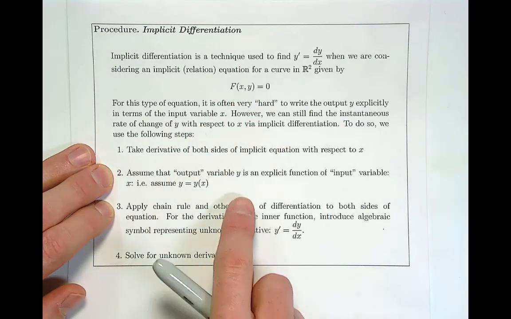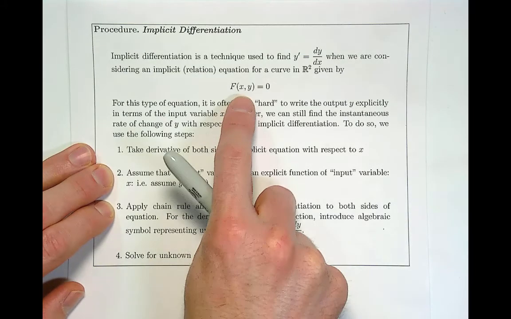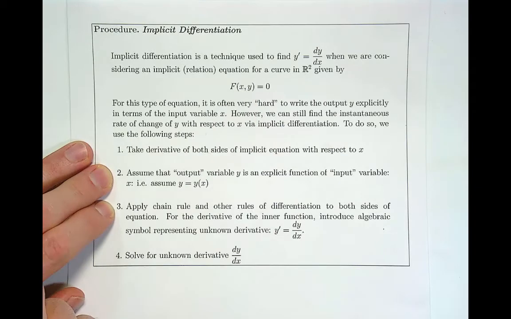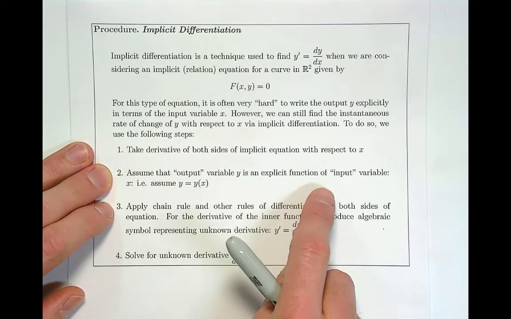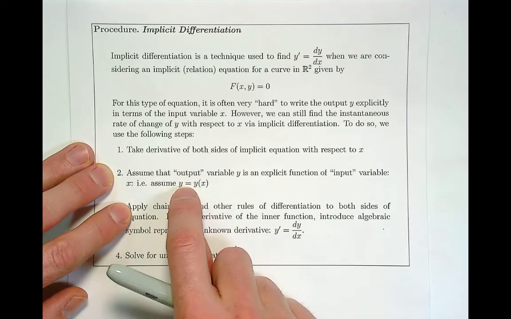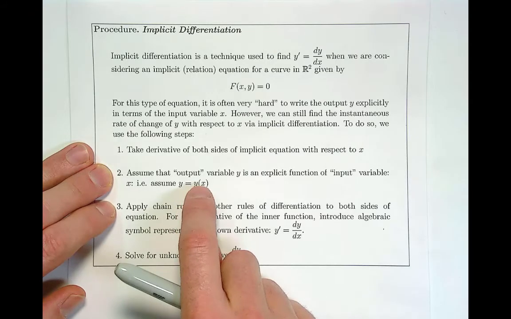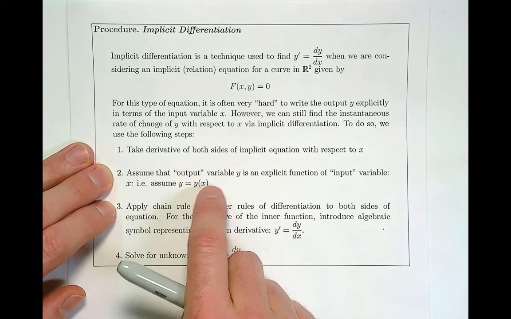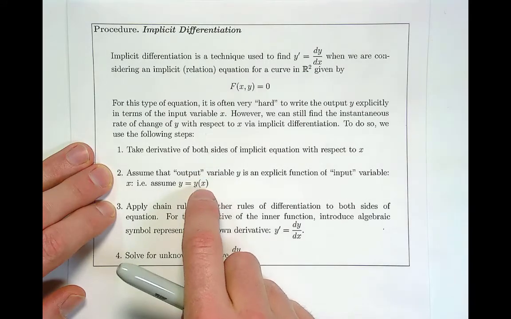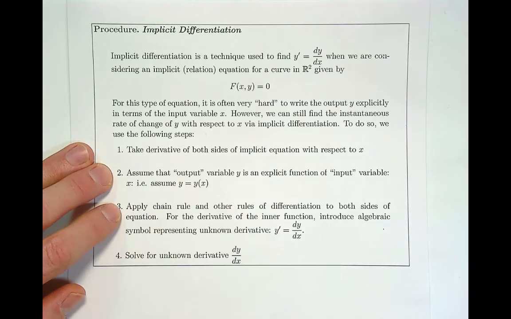Everywhere we see the output variable y in this function, we're going to pretend in our mind that it is an explicit function of the input variable. And the way that we're going to do this is every time we see y, you could actually physically write out y as a function of x. And then now this becomes a symbol for y. And you'll see why this is so powerful in a bit.